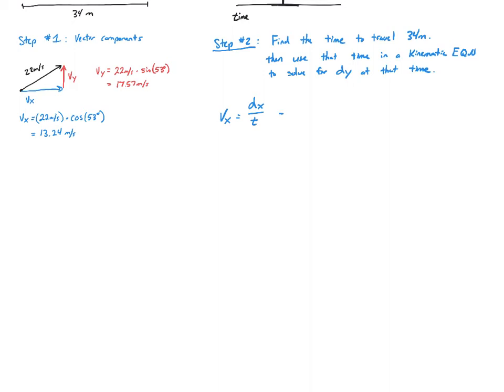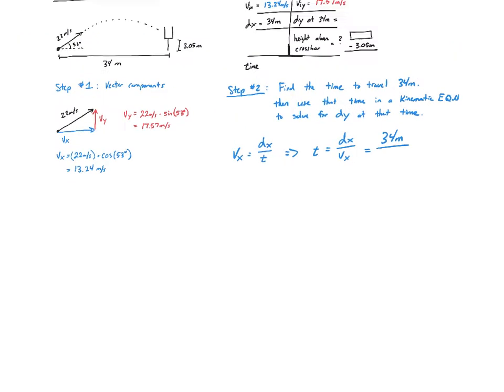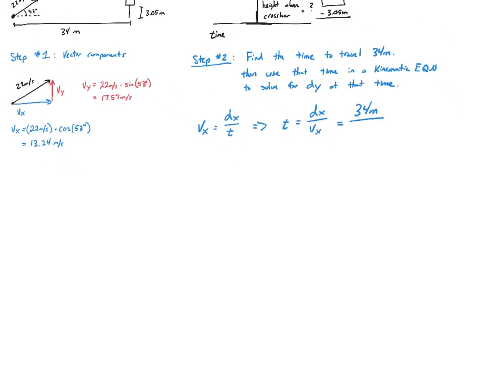So coming back to the constant velocity equation, because we know in x the velocity never changes, there is no acceleration in x, we can then solve for the time it takes to travel the distance of 34 meters. Why did I choose that distance? Because that's how far away the goalpost is from the initial kick. All right, so I need to know how long it takes to get to that goalpost.